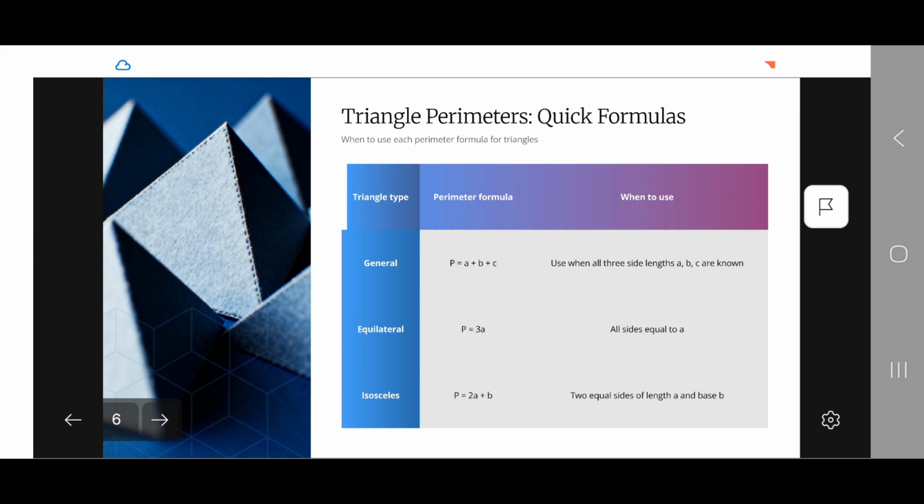So, isosceles: two lengths A and base B. Base B, okay. Width, base, whatever you call it.